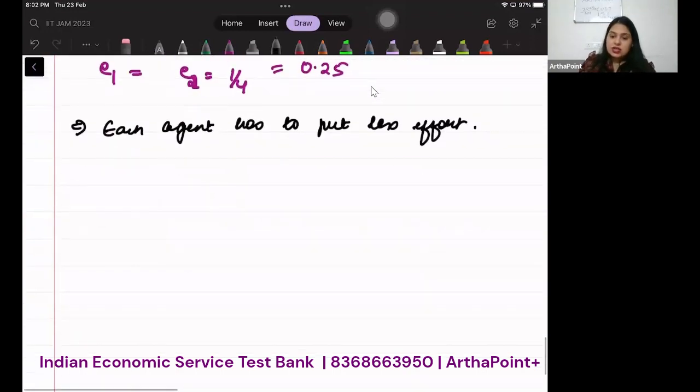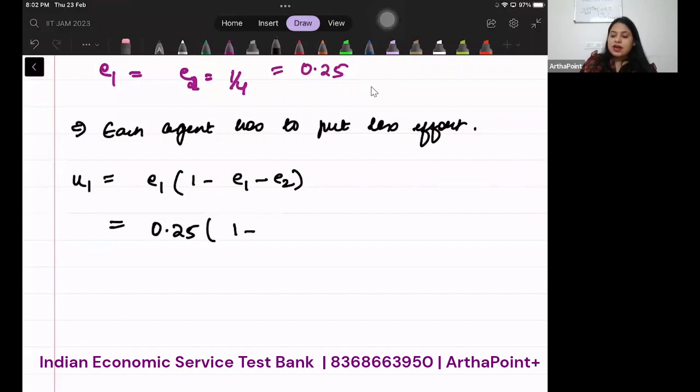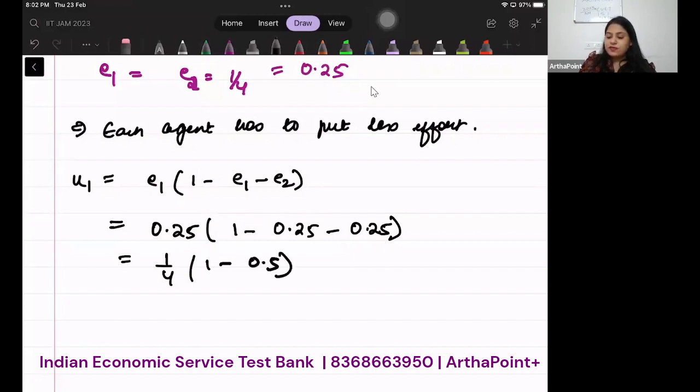Now let's ask, what is the utility of the agent when they merge, when they come together? So it will be E1 times 1 minus E1 minus E2. E1 is 0.25. 1 minus 0.25 minus 0.25. So it is 1/4 times 1 minus 0.5, which is 1/2. So 1/4 into 1/2, meaning 1/8.